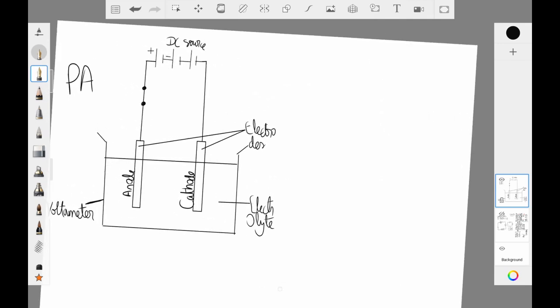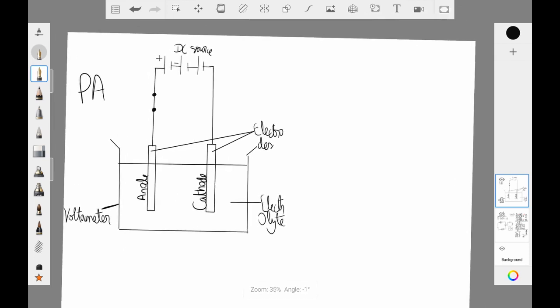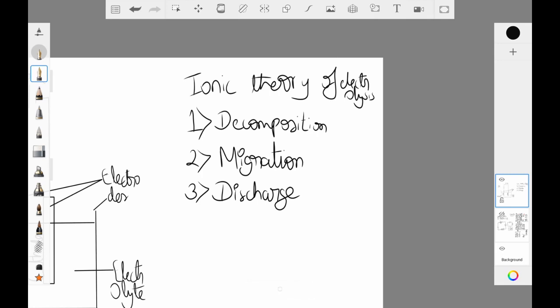Now that we know that, we can start talking about the ionic theory of electrolysis. Right. So the ionic theory of electrolysis is just an explanation for what happens during electrolysis when direct current flows through an electrolyte. And it involves three steps. Number one, decomposition.